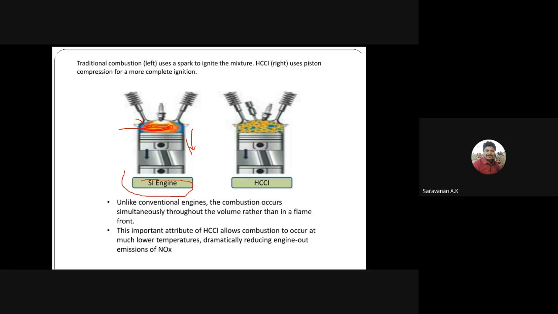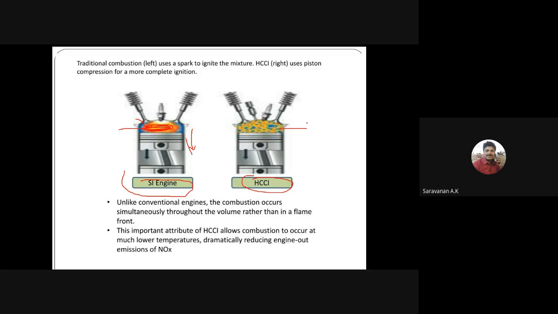But in HCCI engines, the fuel and air are mixed prior to the start of the combustion, right? In the combustion chamber, the fuel-air mixture is compressed at a high ratio. So it increases the pressure, and it increases the temperature.